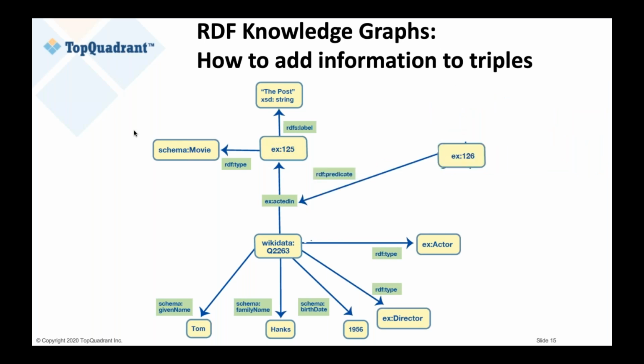Basically, what you do is you create another node, and you say that it is about this acted in relationship, and more specifically, it is about the relationship that connects Tom Hanks with the movie The Post. And when you have done it, it's called reification in the RDF world. You could then add information to it, such as, well, Tom Hanks, when he acted in this movie, played the role of Ben Bradley.